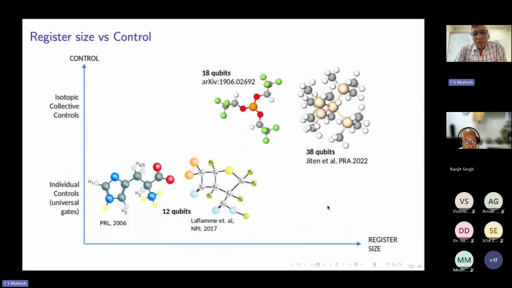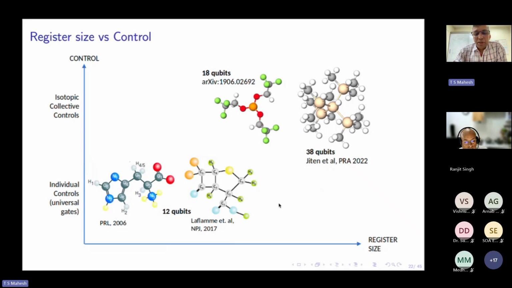Yes, as I said, there are indeed scalability issues. That's what I have shown here. On the y-axis there is control, and on the x-axis is register size. There are different ways of realizing NMR quantum registers, and what I have shown here is molecule-based.